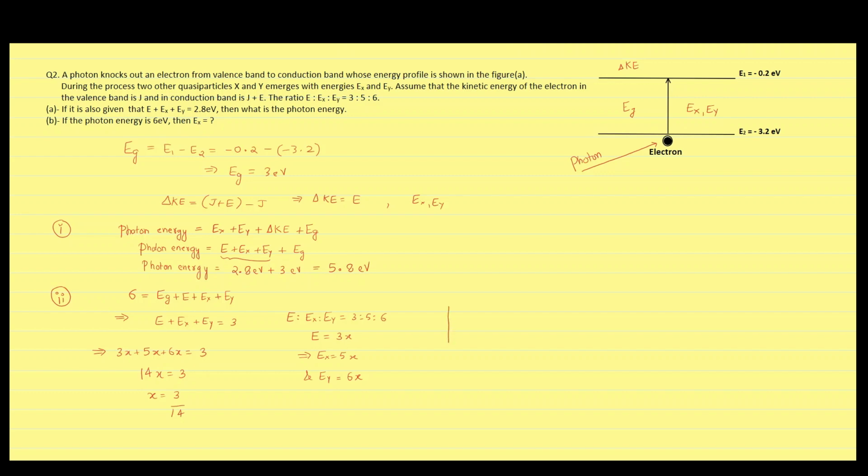Now we have to find the value of Ex, which is equal to 5x. We just found the value of x to be equal to 3/14. Therefore, the value of Ex is equal to 15/14 electron volt, which is approximately equal to 1.071 electron volt.